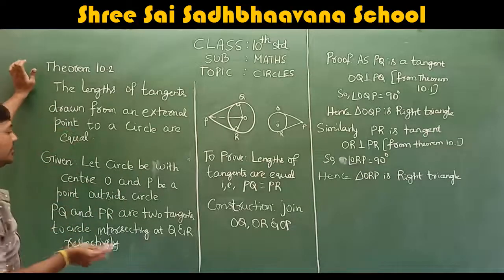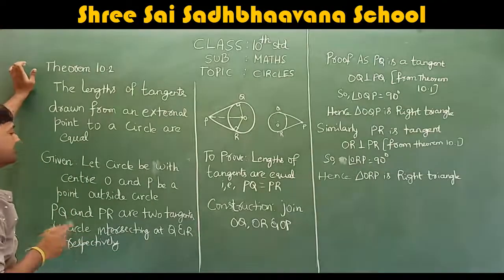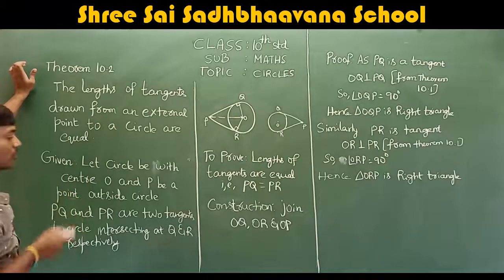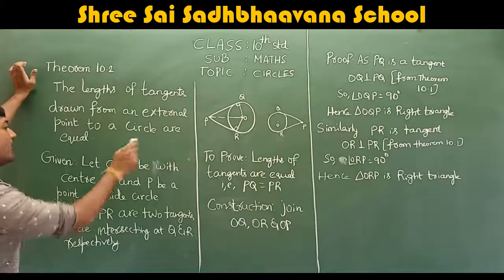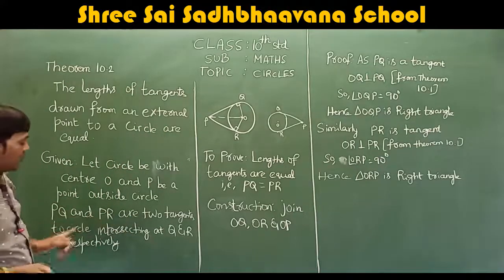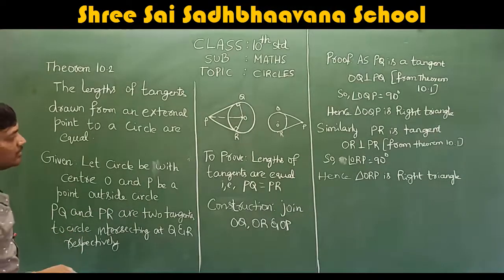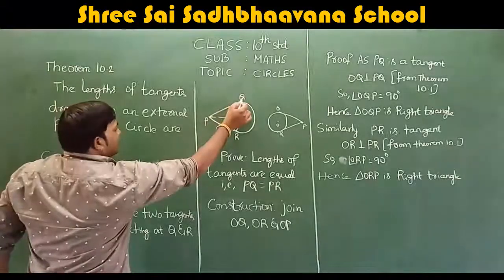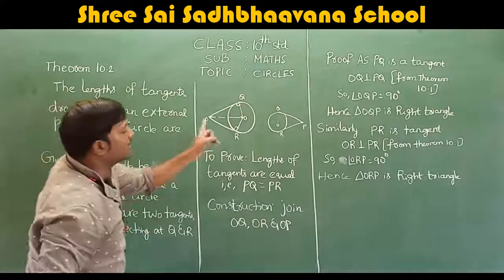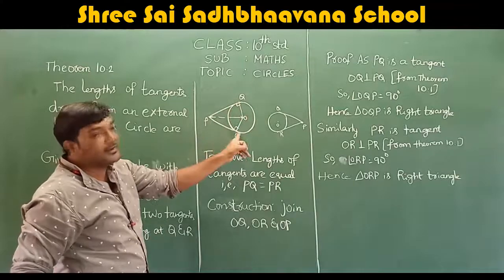Carefully listen. Given: let the circle have center O, and P is a point outside the circle. PQ and PR are the two tangents to the circle touching it at Q and R respectively. Q is the point of contact here and R is the point of contact here.